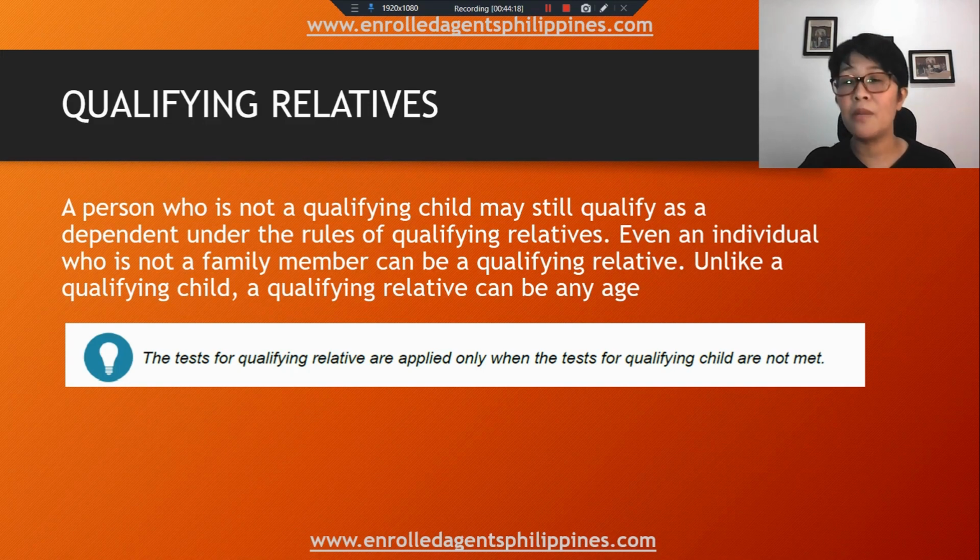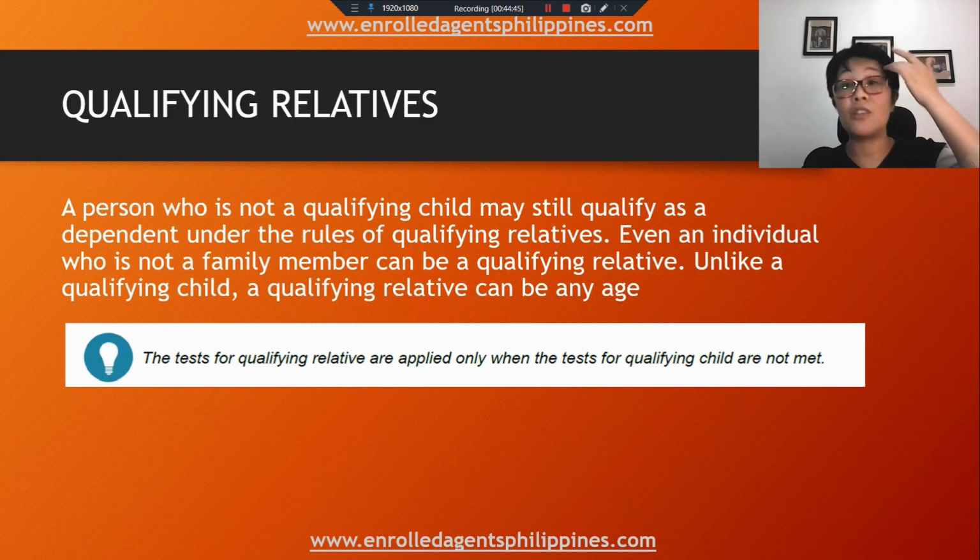Kung hindi siya sa nabanggit, meron pa naman. Kumbaga may category pa rin doon. Ito na yan, qualifying relatives. Okay? A person who is not a qualifying child may still qualify as a dependent under the rules of qualifying relatives. Even an individual who is not a family member can be a qualifying relative. Unlike a qualifying child, a qualifying relative can be any age.